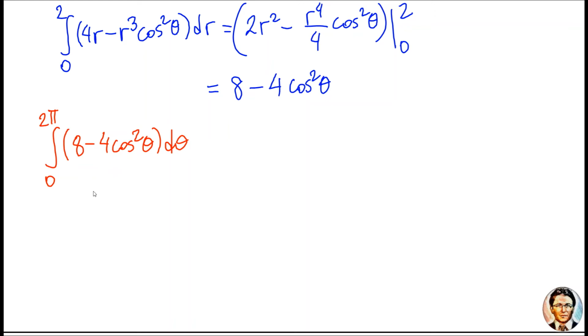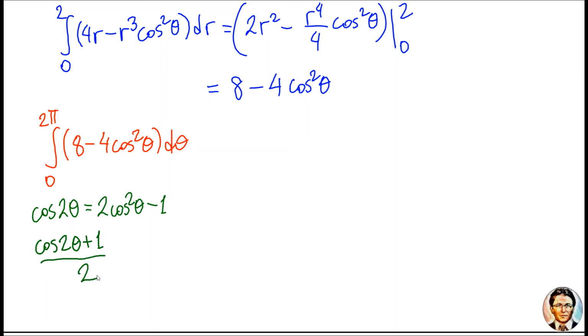What about cosine square theta? How do we integrate such expressions? If you remember, we use power reduction formulas for even powers of sine or cosine. Cosine 2 theta is 2 cosine square theta minus 1, or equivalently you can say cosine 2 theta plus 1 over 2 is equal to cosine square theta.